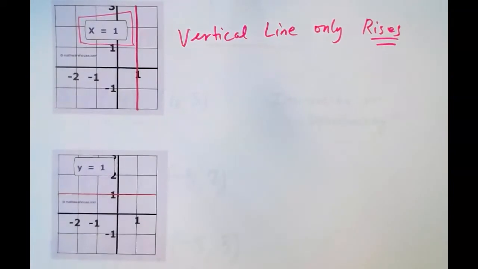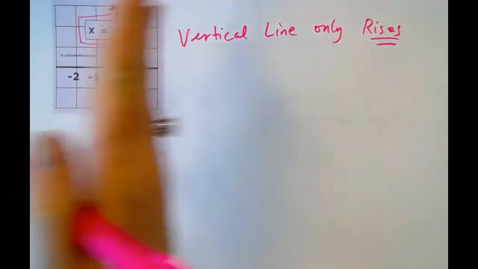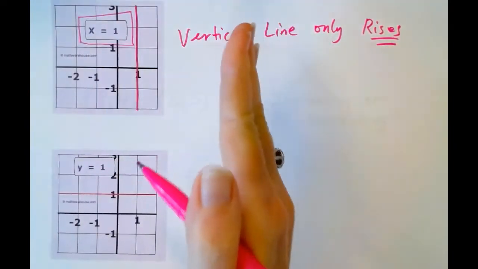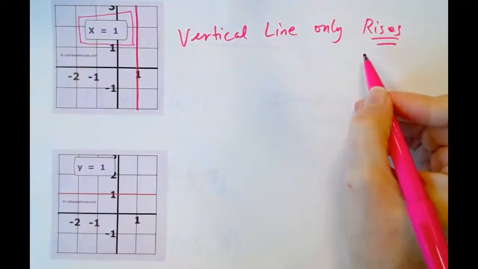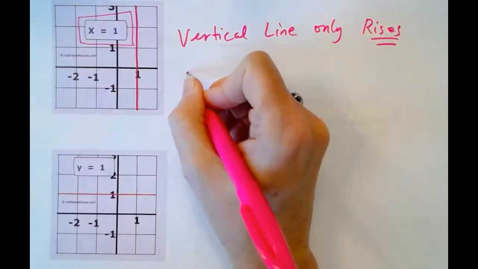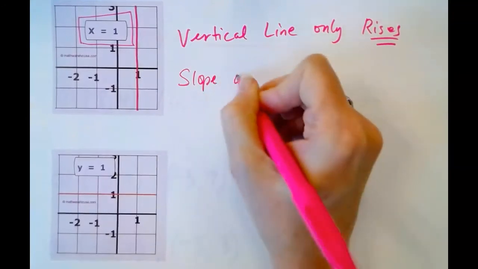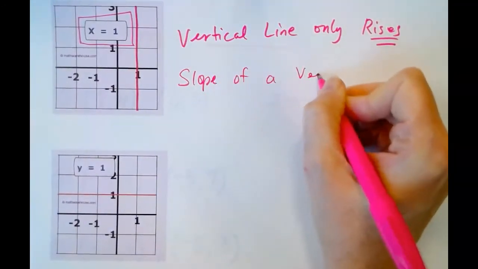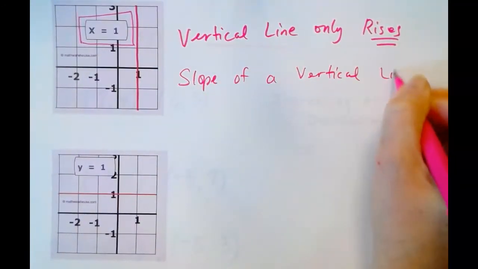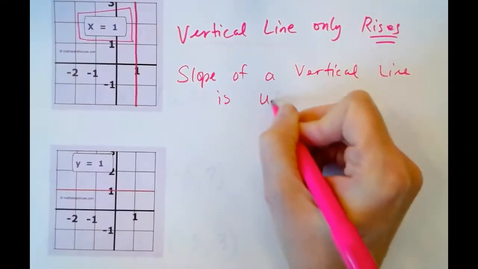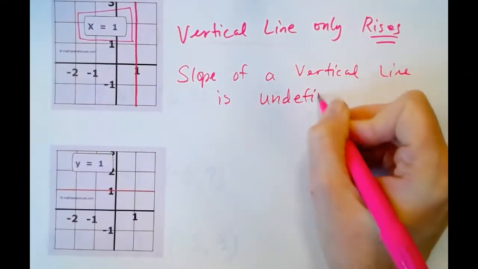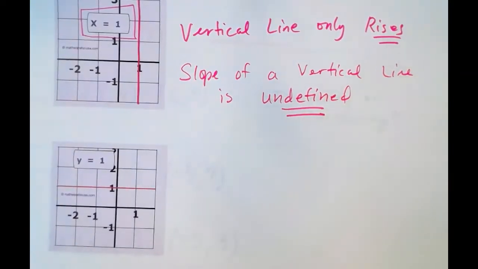It never runs. It has no horizontal movement. It has no run. It only rises. We will say that the slope of a vertical line is undefined. The slope of a vertical line is undefined.